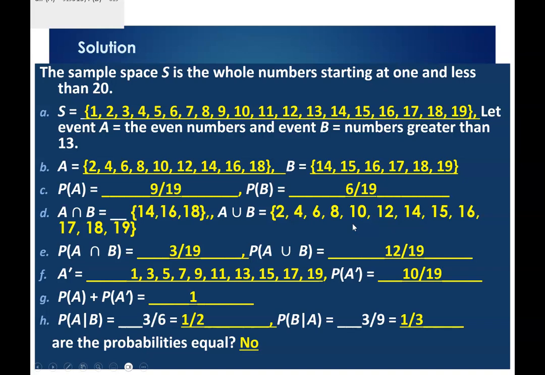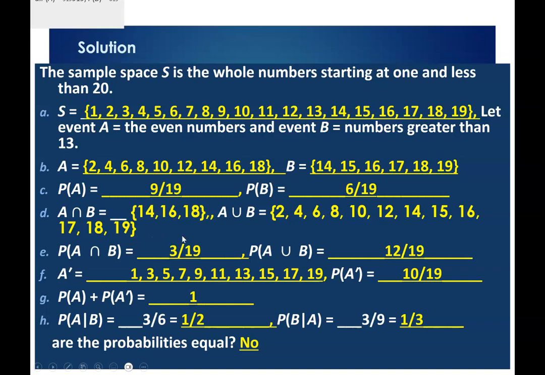For the union, we want what's in both entire sets, but not having the overlap. So you're only going to count that 14, 16, 18 one time. You list it out, you wouldn't double list. So we have 2, 4, 6, 8, 10, 12, 14, 15, 16, 17, 18, 19.